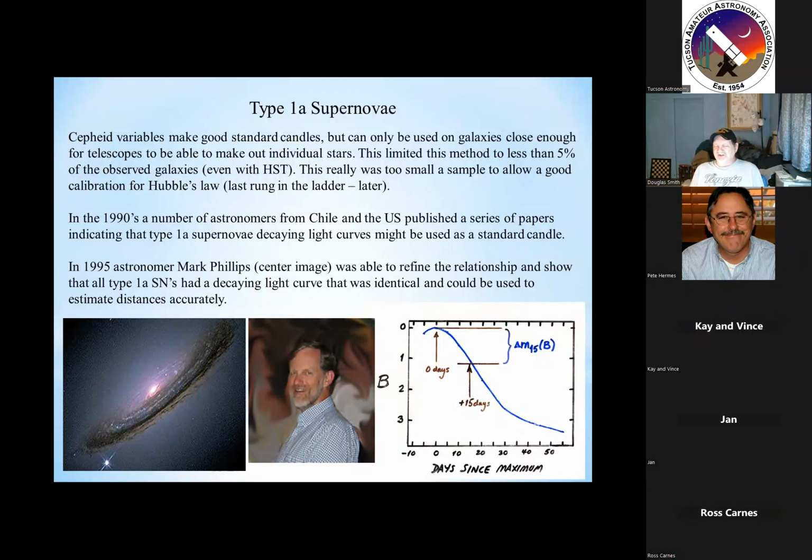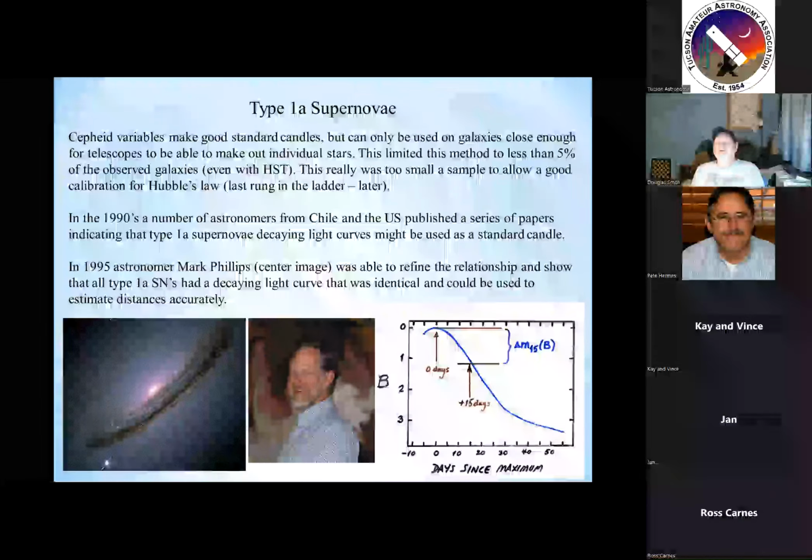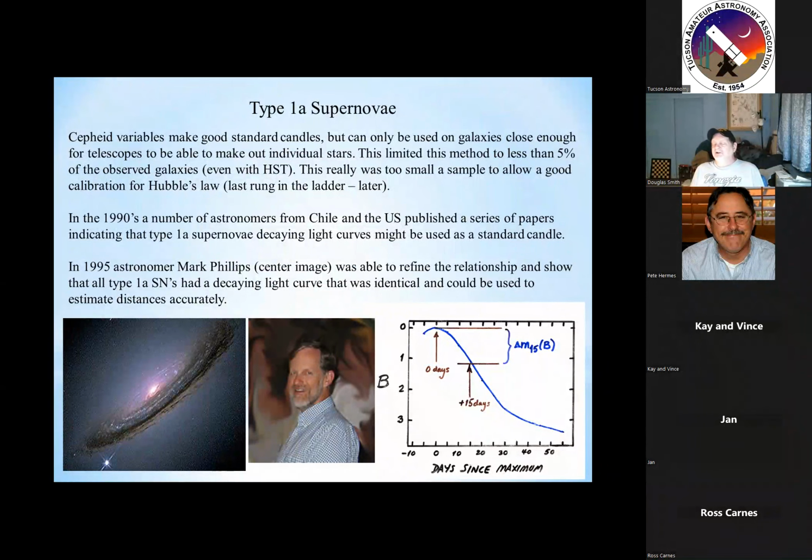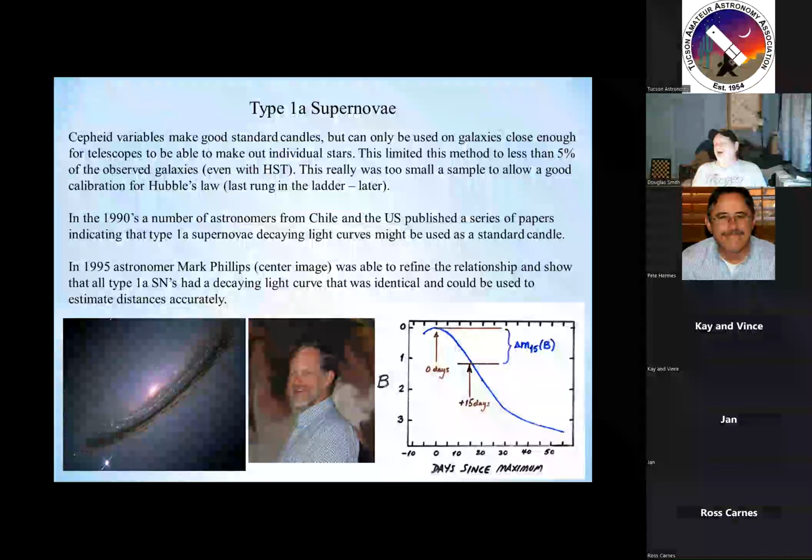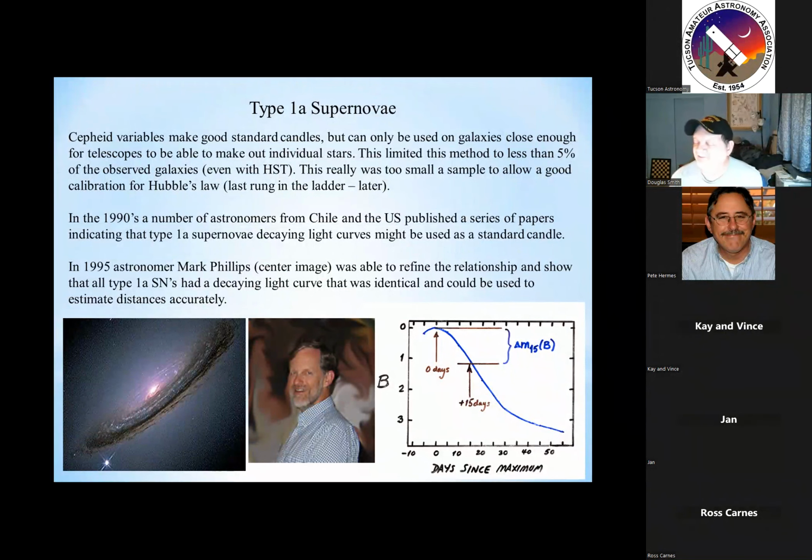That's his picture in the center there. On the left, there's a type 1a supernova in that galaxy. I don't know which galaxy that is. On the right is the original figure that Mr. Phillips had put in his paper showing the decaying light curve from a type 1a supernova.